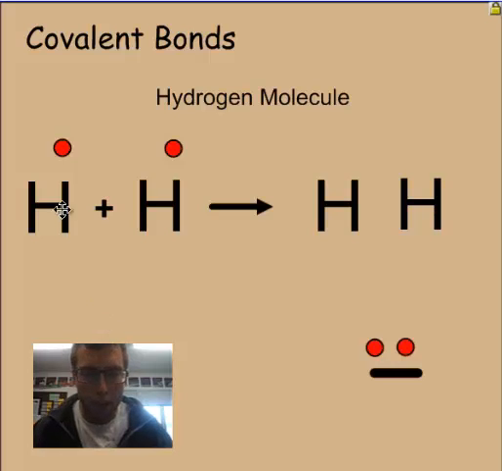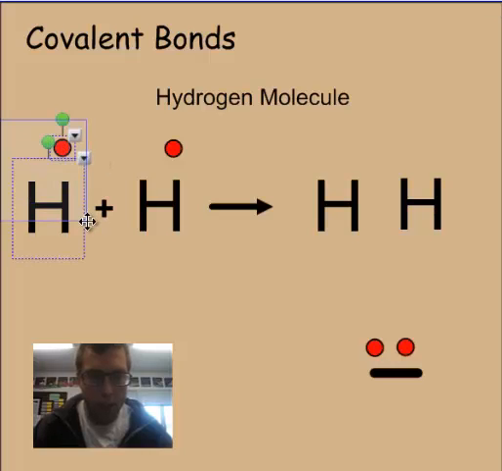This is an example of a hydrogen covalent bond. We have 2 hydrogen atoms here. They each have 1 electron. They need to get 2 electrons in their outer circle to make a full outer circle. You could have one hydrogen give that to another one, but this would have actually absolutely no electrons. That just wouldn't work. So they have to share. So what you would do is you would kind of just rotate this one here, and then you would combine with this one.